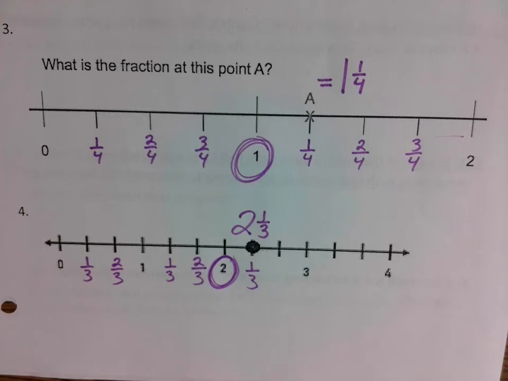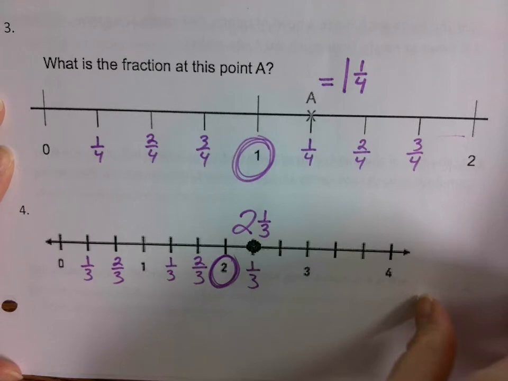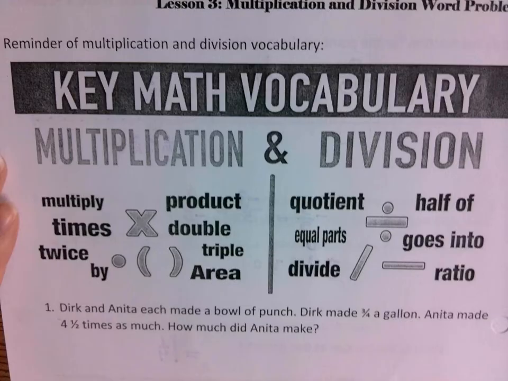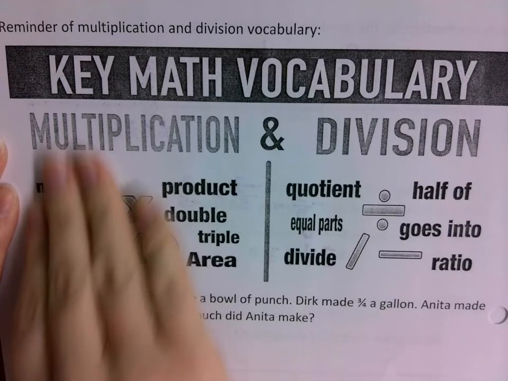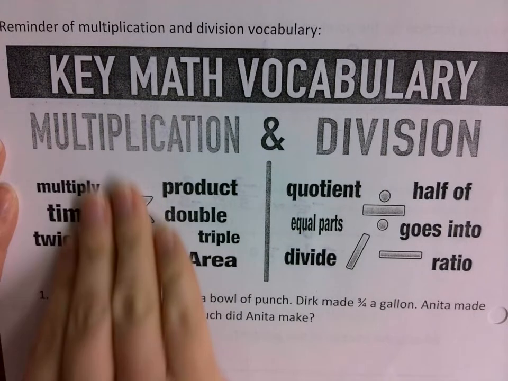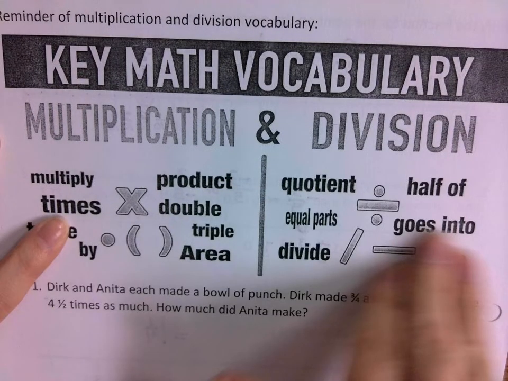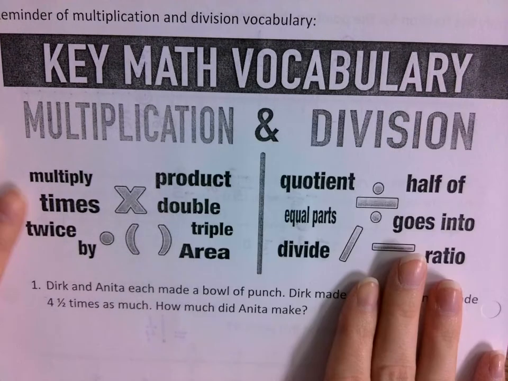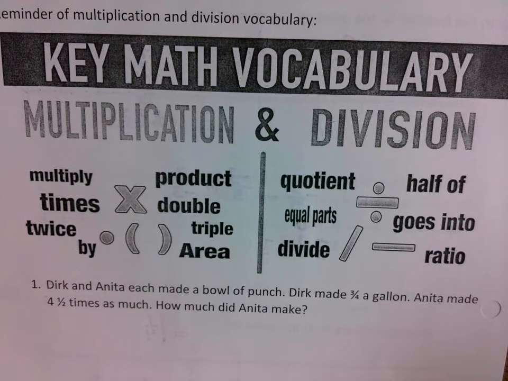Okay, let's go ahead and turn to the back, where we're going to be working again on multiplication and division vocabulary. So as a quick reminder, a reminder of our multiplication terms and our division terms. So we want to make sure that we understand our terminology. Okay.